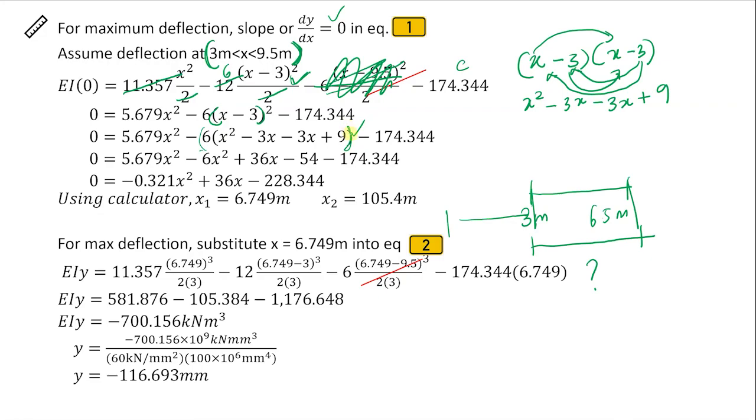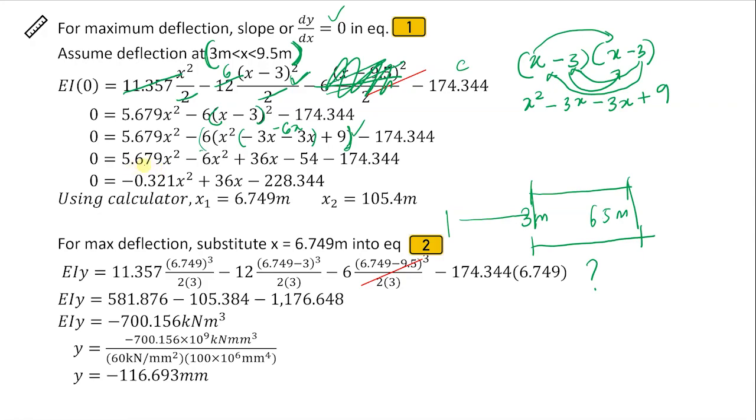Okay. Kembang because we need to expand dia and simplify kan dia, right? So negatif 6 darab X kuasa 2 dapat negatif 6 X kuasa 2. Negatif 6 sebab ini you dapat negatif 6X kan? Okay, so negatif 6X darab negatif 6X. So you dapat 36X and 9 darab 6 negatif 6 you dapat negatif 54. And then simplifykan lagi.